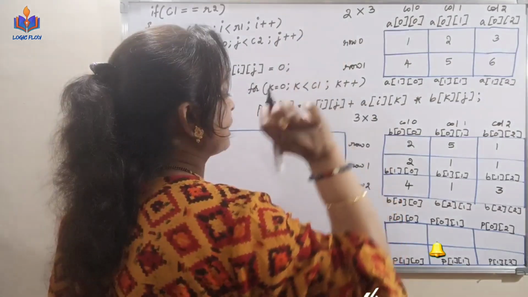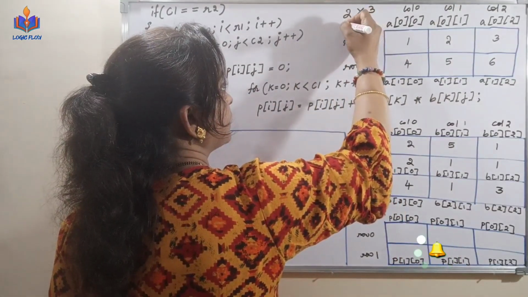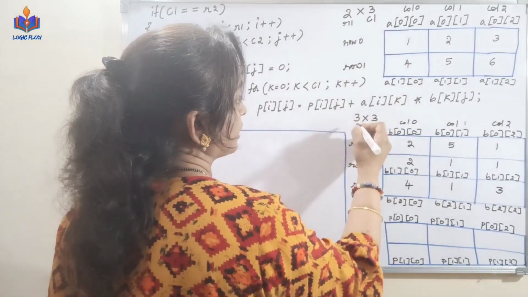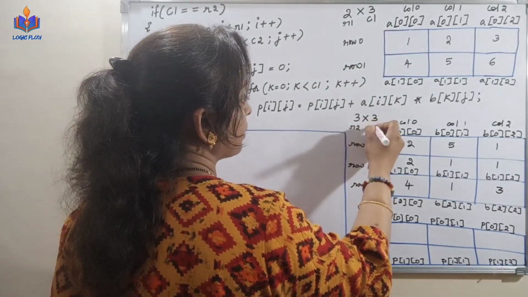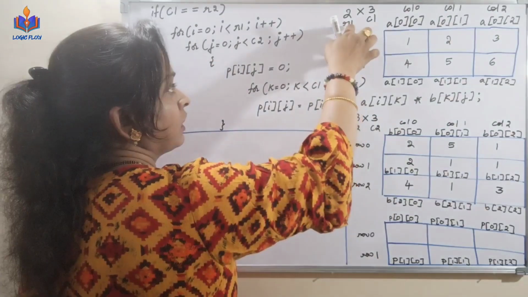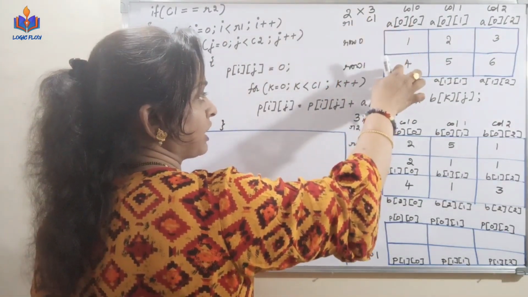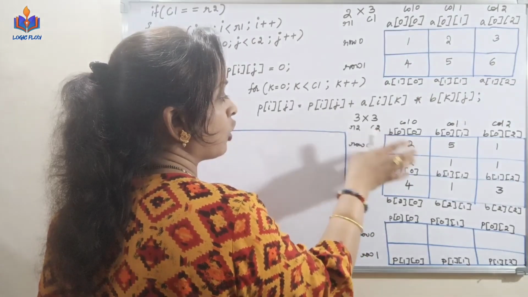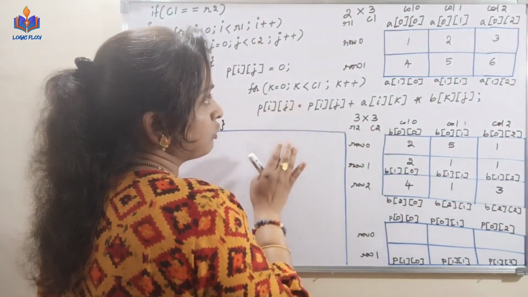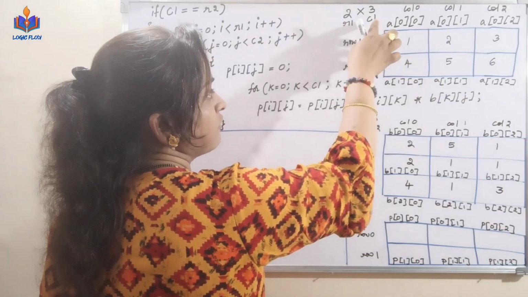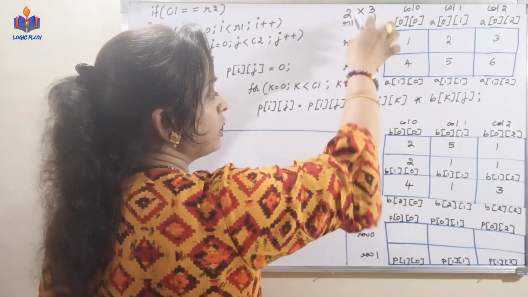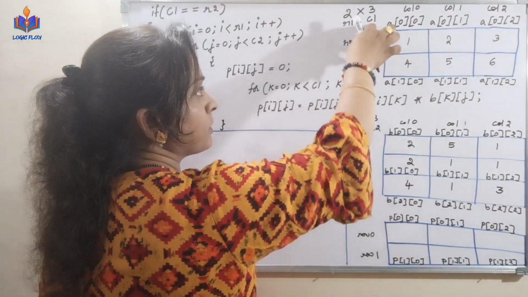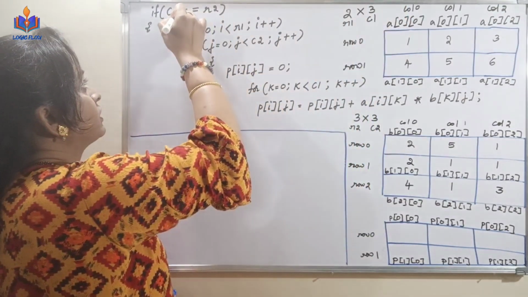We have given the values like this: 2 is R1, this is C1, and this is 3 cross 3, this is R2, and this is C2. R1 means rows of matrix 1, C1 columns of matrix 1, R2 rows of matrix 2 and C2 columns of matrix 2. I need to check whether the columns of the first matrix are equal to the rows of the second matrix. Columns of the first matrix is 3.